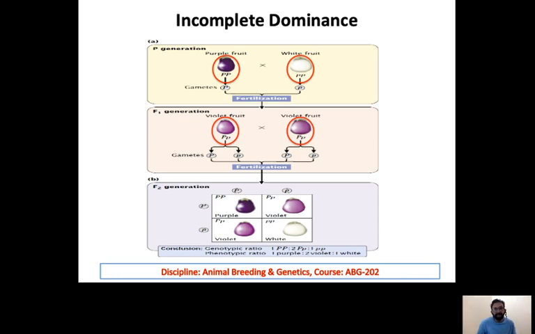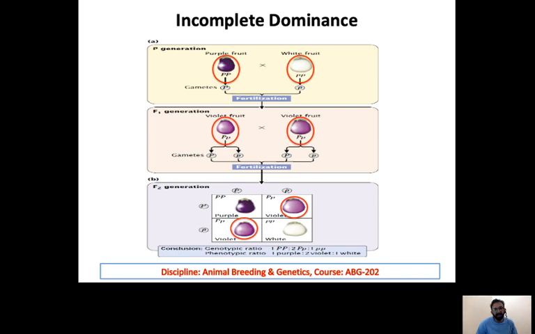Now in this case we can see different types of phenotypes, but it's not always true. Sometimes phenotypes are not so obvious, and that is the case with complete dominance, because this is the case of incomplete dominance, so a third phenotype can be seen. But if it is the case of complete dominance, then a third phenotype would not be there. So if we cross these two individuals, they are heterozygotes, we get phenotypic as well as genotypic ratio.